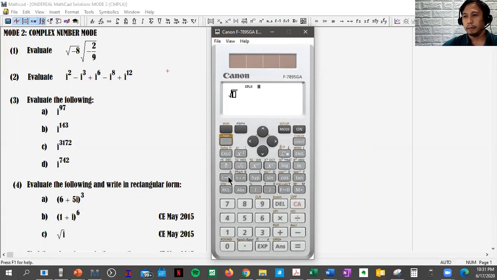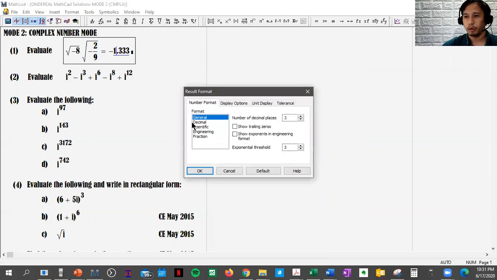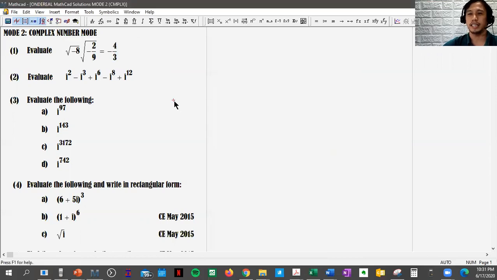So, dapat naka-complex tayo. So, square root of negative 8, times the square root of negative 2 over 9. So the answer is equal to negative 4 over 3. Okay? Negative 4 over 3. So that is the answer.